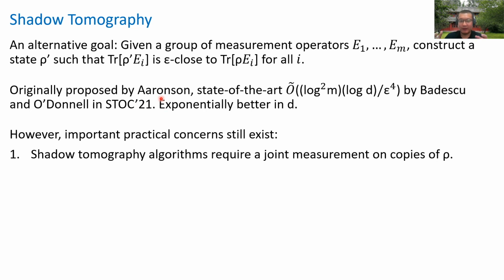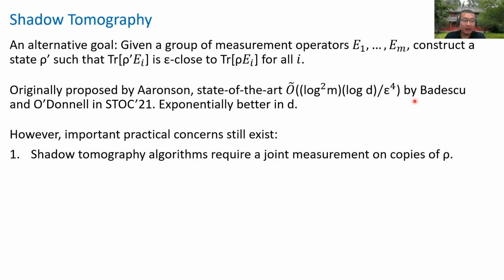They require that we take all the copies of the state rho together and make a joint measurement. The number of copies is not that large, but a joint measurement is maybe still a little bit restrictive from the perspective of the current capability of quantum computers.